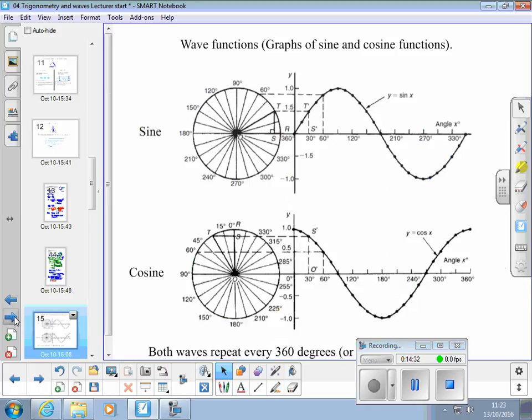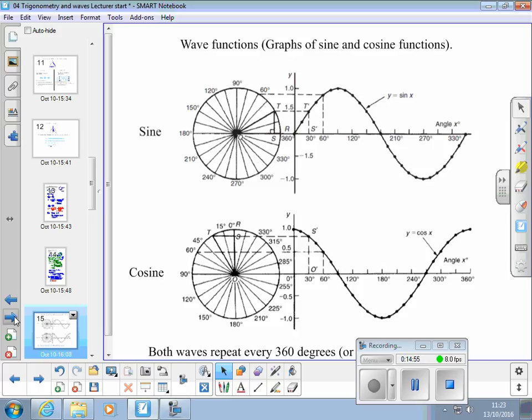What I want to do now is move on again just a little bit. That is into wave functions. So related to the sine and cosine that we've already done, but repeating waves, sine wave and cosine wave.